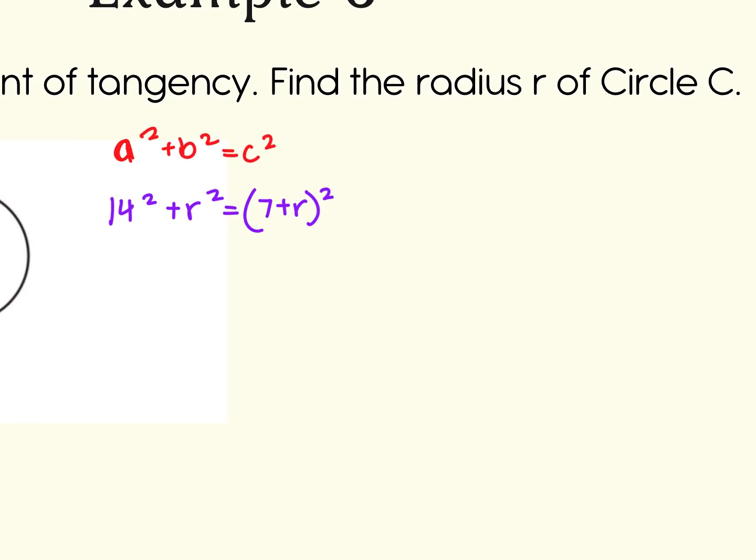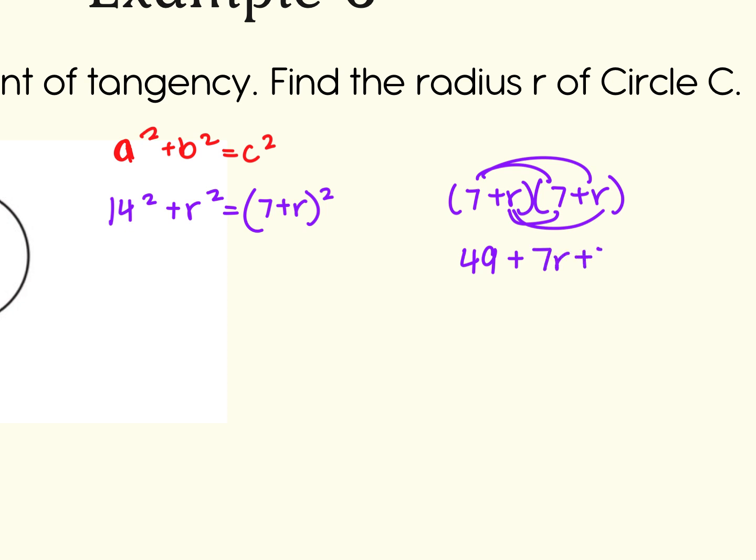Now I'm going to go ahead and solve for my 7 plus R squared. 7 plus R times 7 plus R. If you solved correctly, you should have had 49 plus 7R plus 7R plus R squared, which is 49 plus 14R plus R squared.